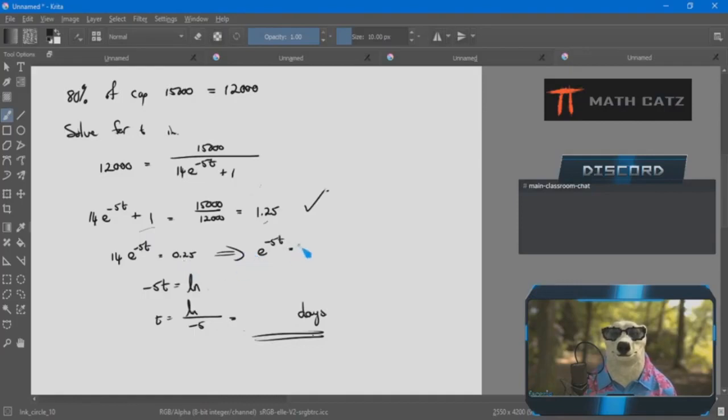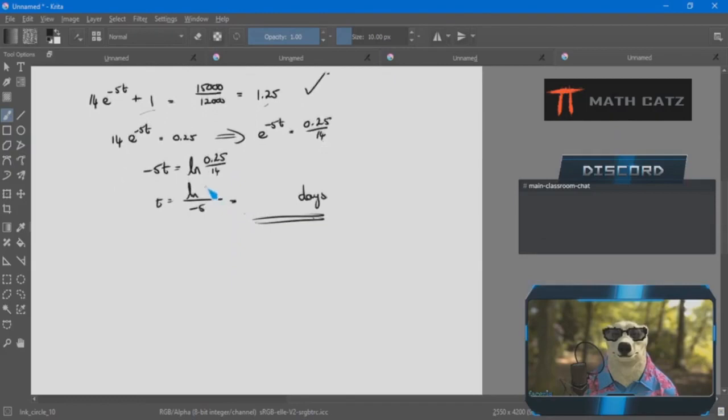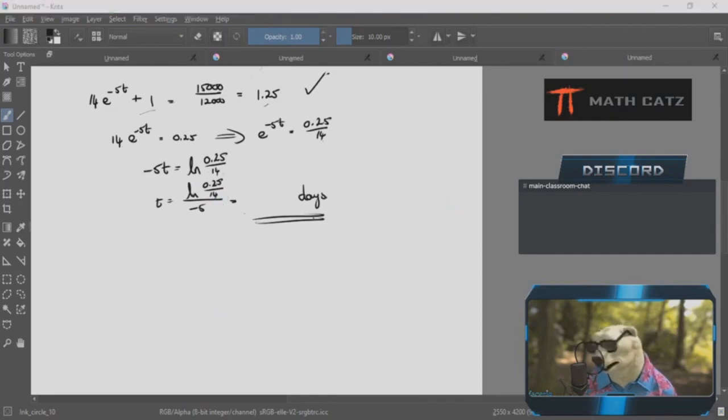And so e to the 5t is then 0.25 divided by 14. So the log version of this is negative 5t equal to the natural log of that 0.25 over 14. And so we want to divide both sides by negative 5. And let's see what we get.